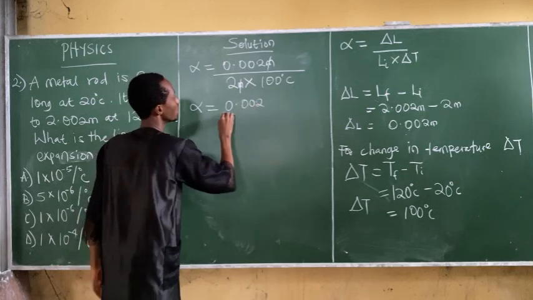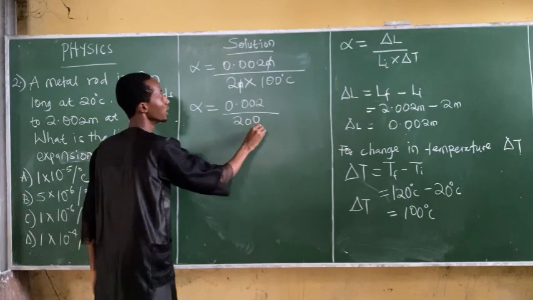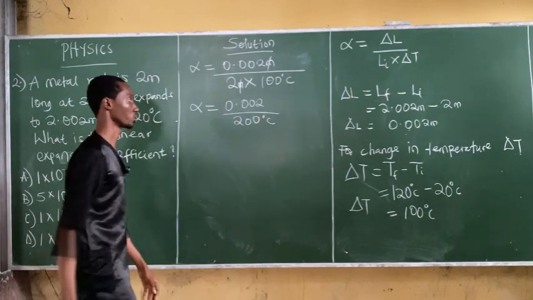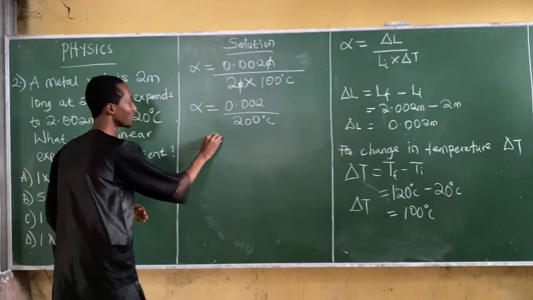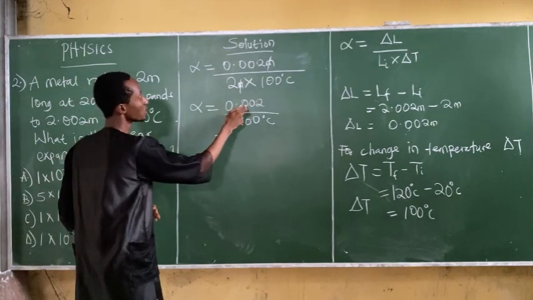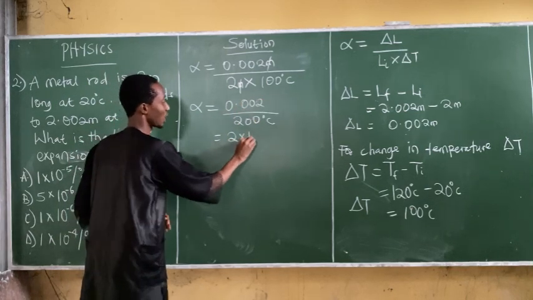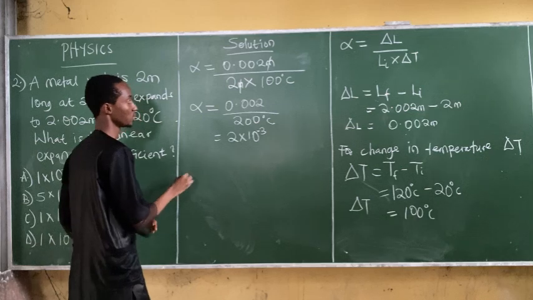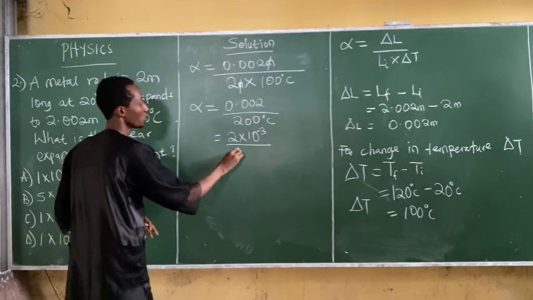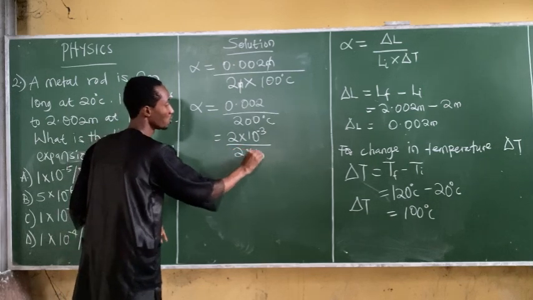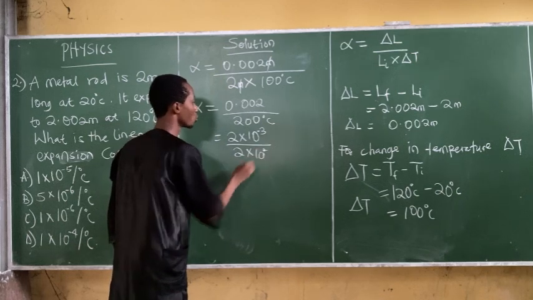We have 0.002 divided by 2 times 100 gives us what? 200 degrees Celsius. Now, if we convert this to standard form, 0.002 gives us 2 times 10 raised to the power minus 3, and 200 is 2 times 10 raised to the power 2.